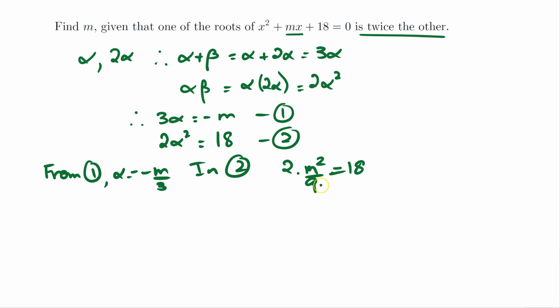And now I solve this. So if I divide the 2 over, that will give me 9, multiply the 9 across, that will give me 81. So m squared equals 81, m equals plus or minus 9.